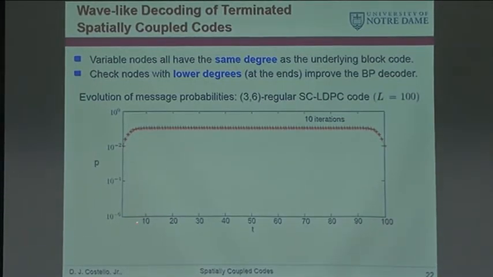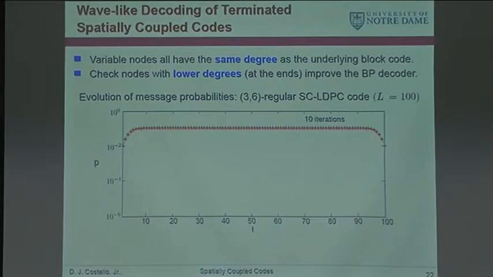Over here on the left is the erasure probability associated with the variable nodes at the left end of the graph, and over here is the erasure probability associated with the variable nodes at the right end. Everything in the middle is the erasure probability of the nodes in the middle of the graph.